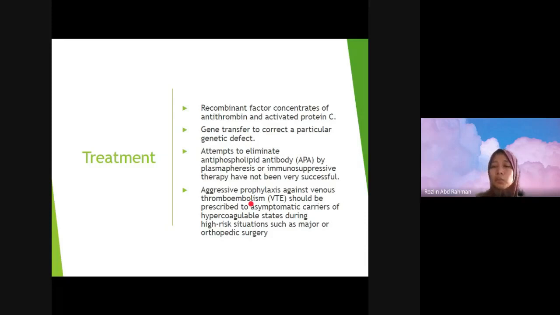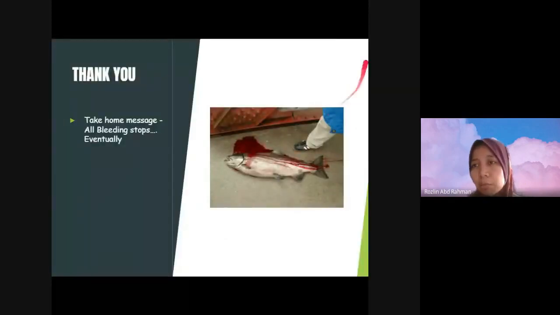If we know the patient has a high risk of clot formation, we give prophylaxis to reduce the hypercoagulable state, for example if the patient is going to undergo surgery. We give a subcutaneous injection of heparin a few hours before the operation, like 4, 6, or 8 hours before. Alright, so that's it for today's topic.